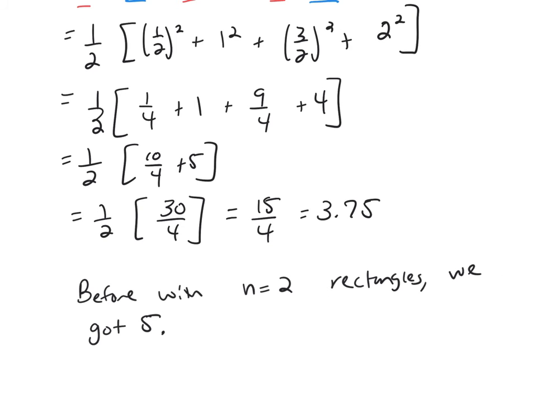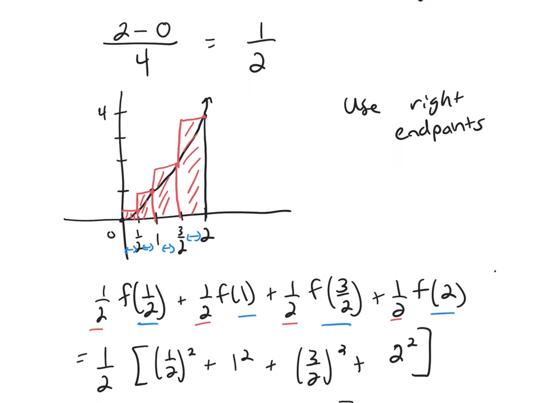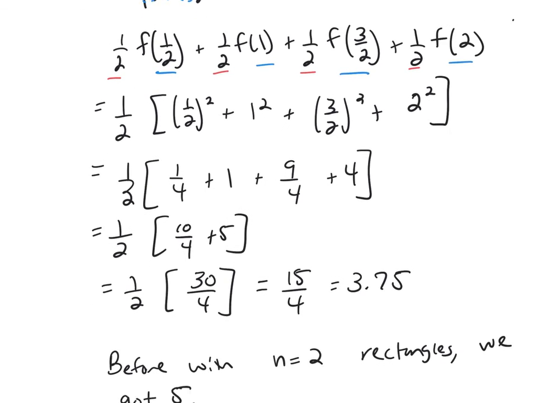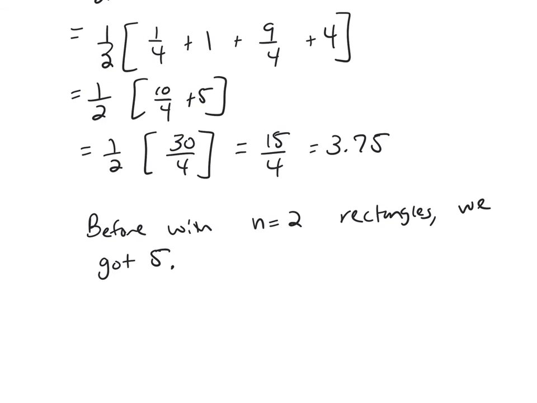This one is still going to be an overestimate if you look at your picture, because you're overestimating here. Those regions are not underneath the curve. So it's still an overestimate, but it's a better overestimate.